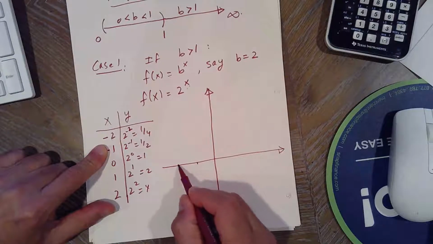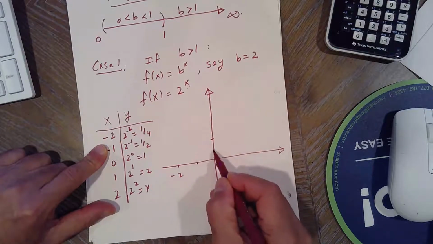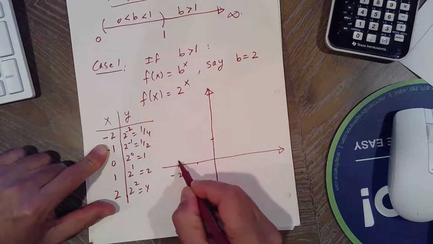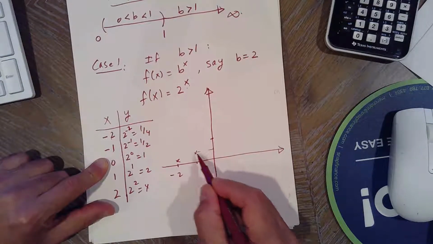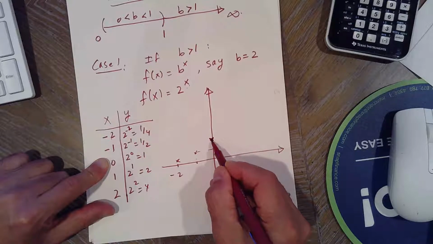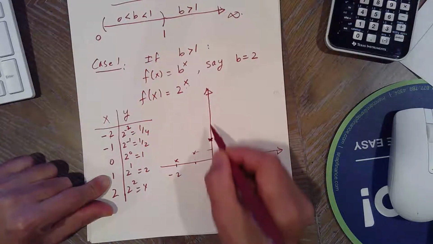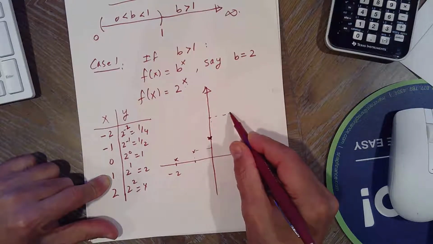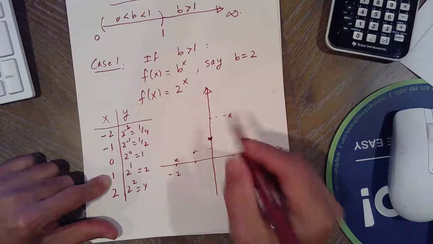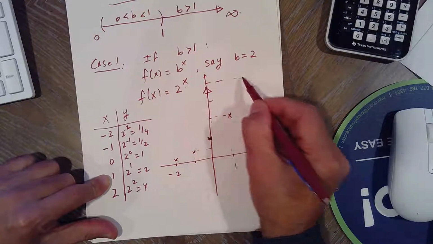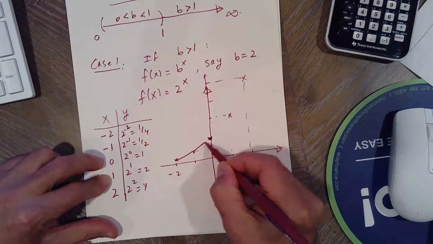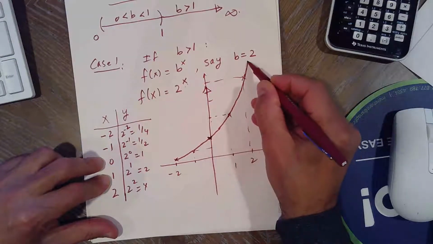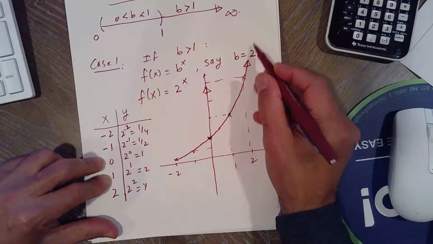Negative 2, 1/4. So this is a half, a quarter is about there. Negative 1, 1/2. 0, 1. 1, 2. And then 2, 4. So you can see how the graph is growing exponentially, and it's going to keep going like this to infinity.